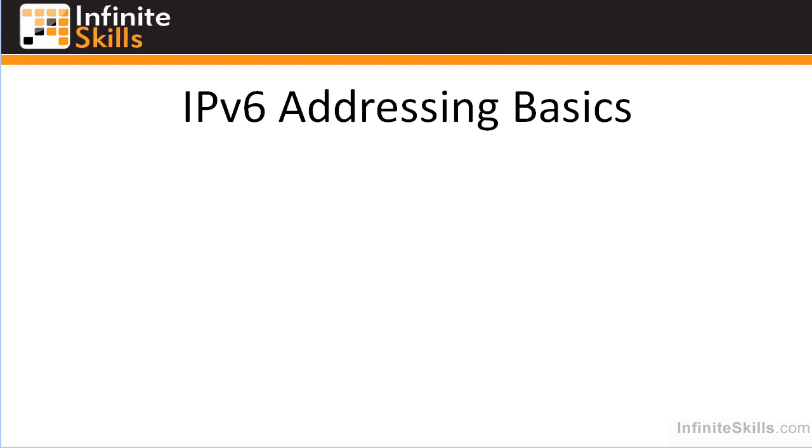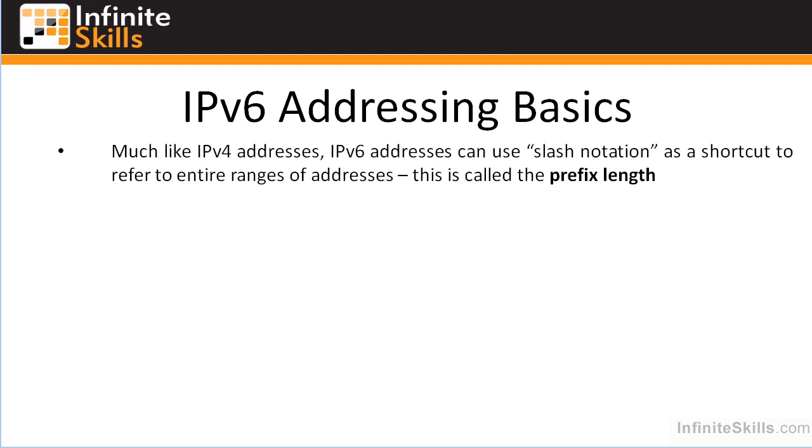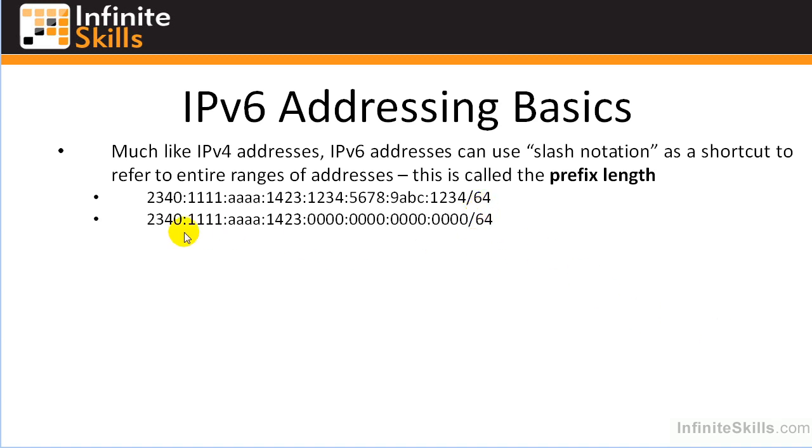Now, much like IPv4 addresses, IPv6 addresses use a slash notation as a shortcut to refer to entire ranges of addresses. This is called the prefix length, and in my opinion, the easiest way to think of a prefix length is kind of the subnet. For example, here is an IP address with a prefix length of /64. So what you do is you take the first 64 bits of the IPv6 address, in this case it just happens to be exactly half of the IPv6 address, you chop it off there, and you fill out the rest with zeros.